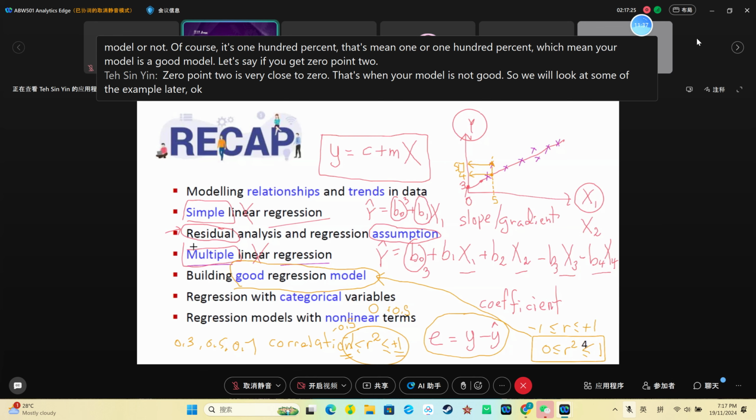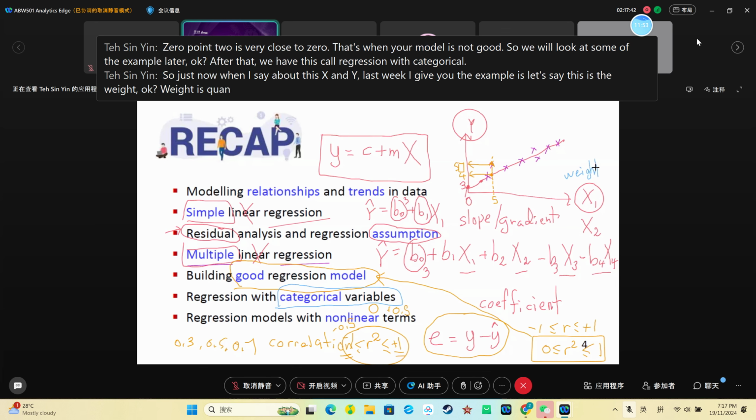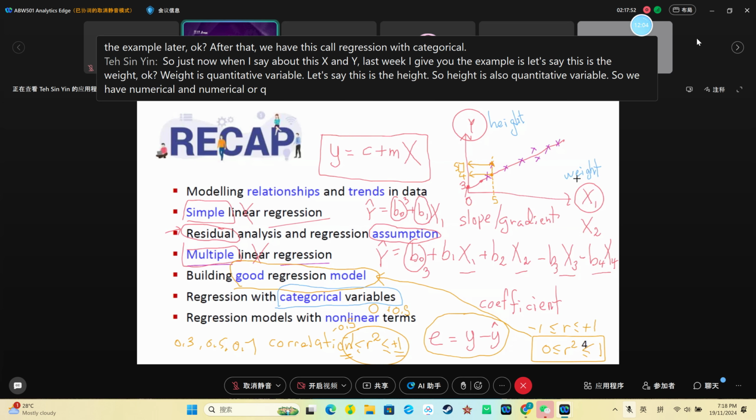After that, we have regression with categorical variable. So just now when I talked about X and Y, last week I gave you the example: let's say this is the weight. Weight is a quantitative variable. Let's say this is the height. Height is also a quantitative variable. So we have numerical and numerical, or quantitative and quantitative.